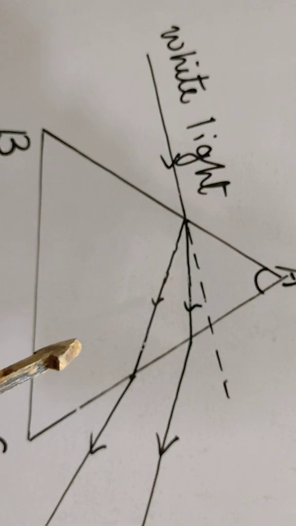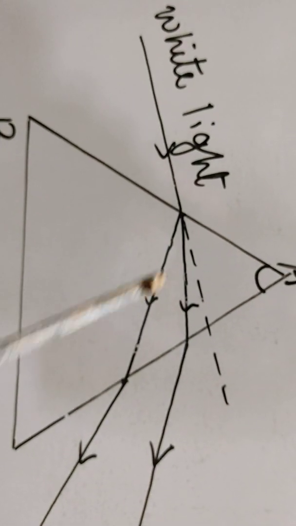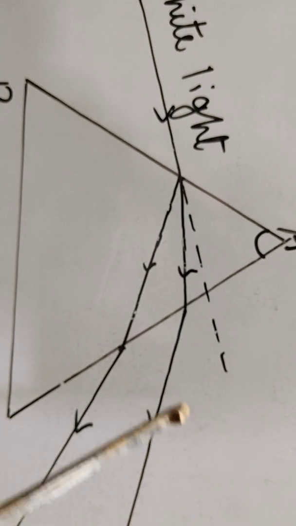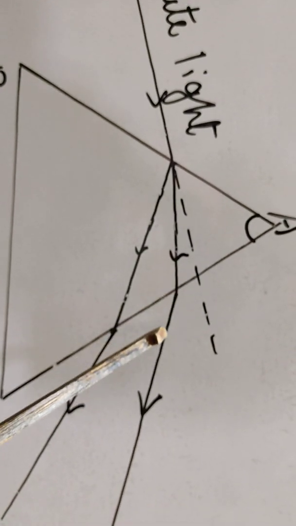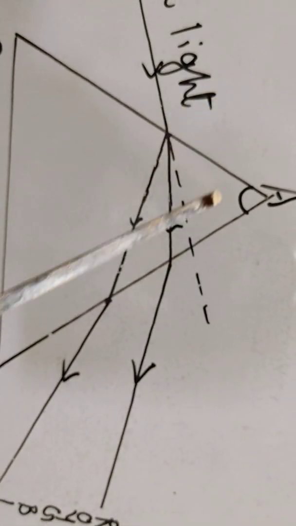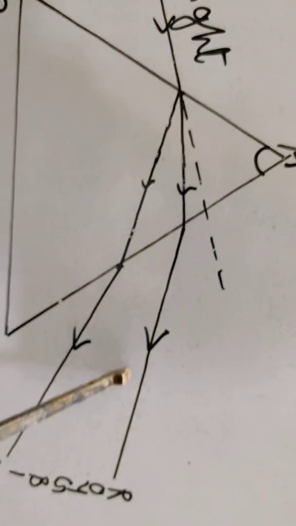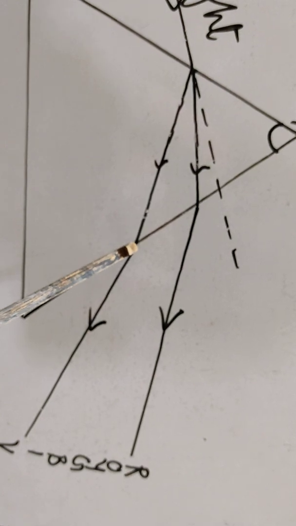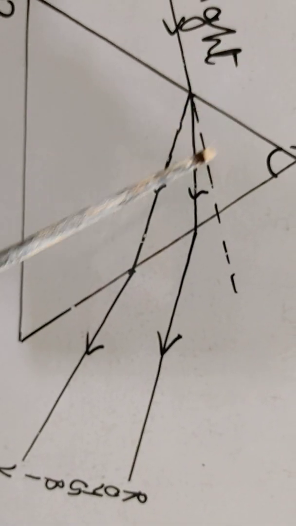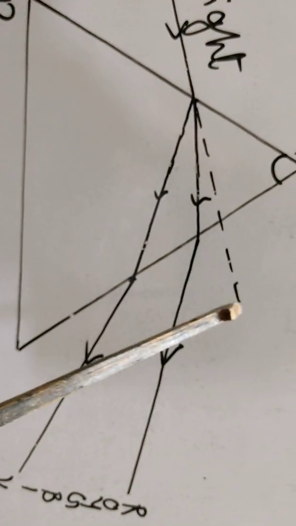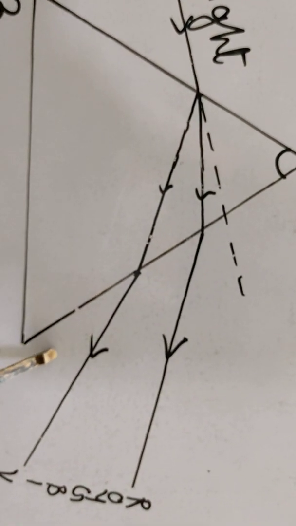Angle of deviation is the angle between the incident ray and the emergent ray. If we produce this emergent ray backwards, we will get the smaller angle, that is the angle of deviation for red color. If we produce the violet ray backwards, the angle between the incident ray and the violet ray will give us the angle of deviation for violet color.